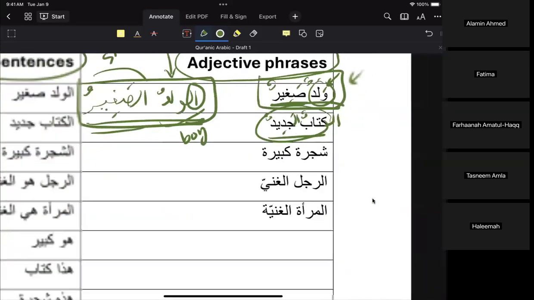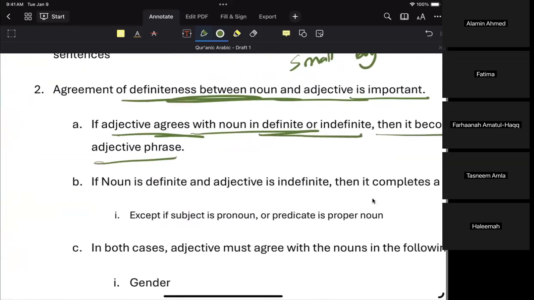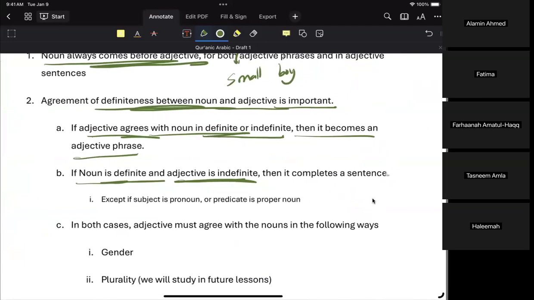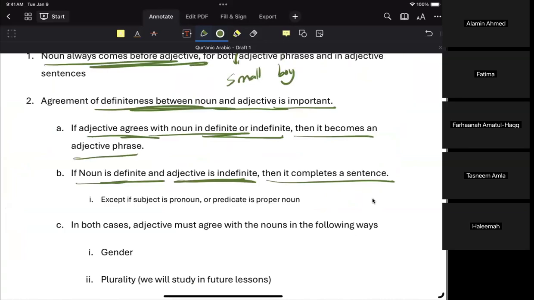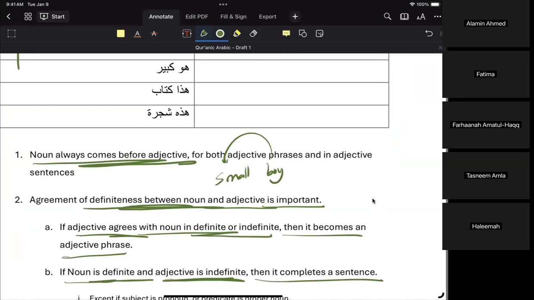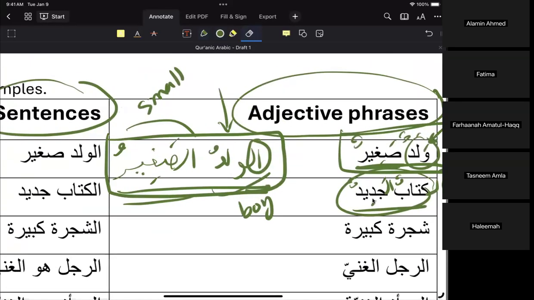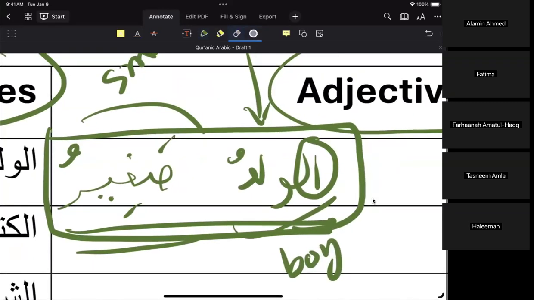But look at what we said here. If the noun is definite and the adjective is indefinite, then it completes a sentence. So if you make a mistake, you just put something simple like that. You said al-waladu, then you forgot to put alif lam here. Well, nobody's going to complain, because guess what? You wanted to make an adjective phrase, but you ended up making a sentence. That's what I think Sister Farhana was translating: the boy is small.